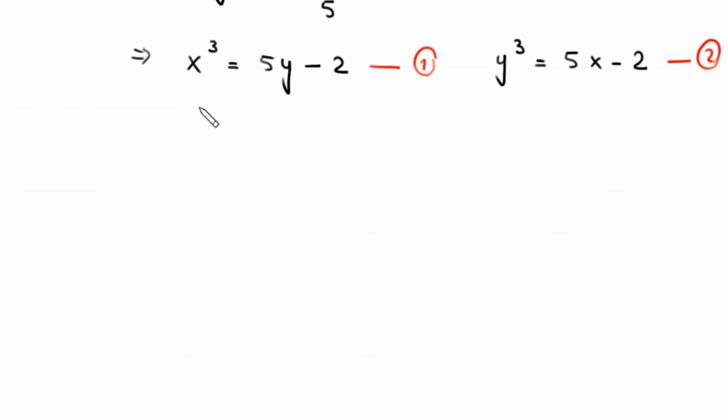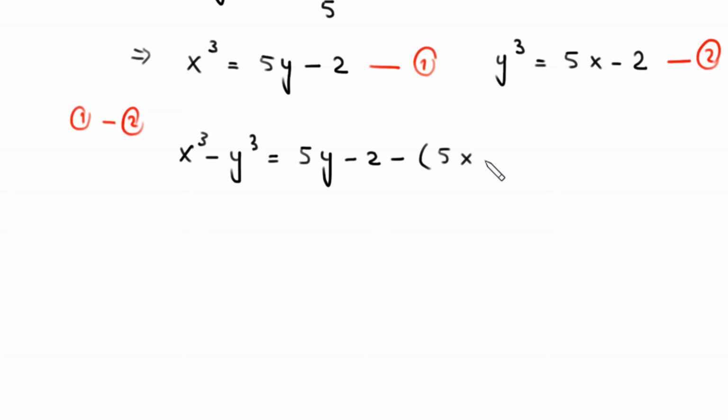From equation 1, we subtract equation 2. So this will become x cubed minus y cubed equal to 5 times y minus 2 minus 5 times x minus 2.